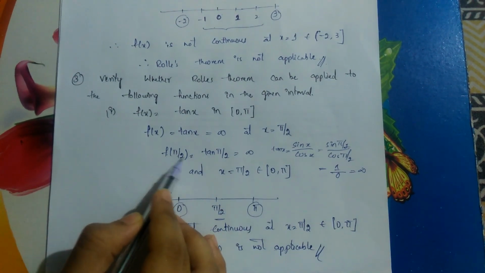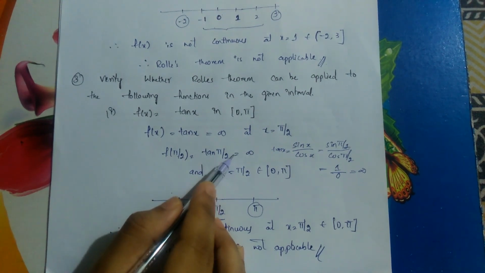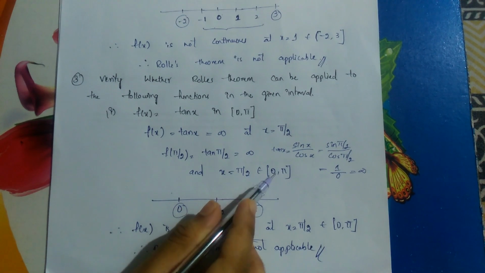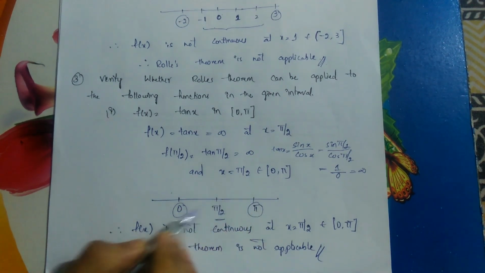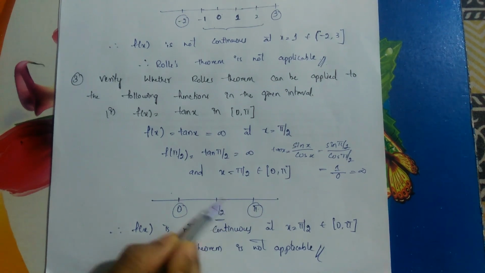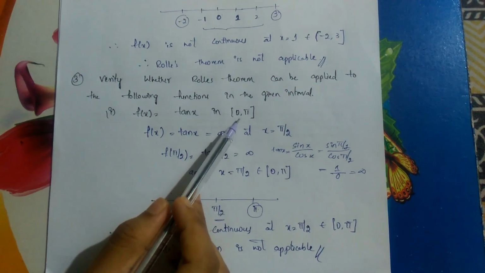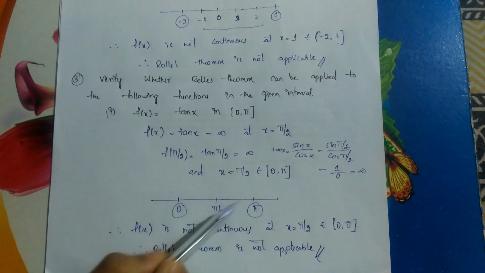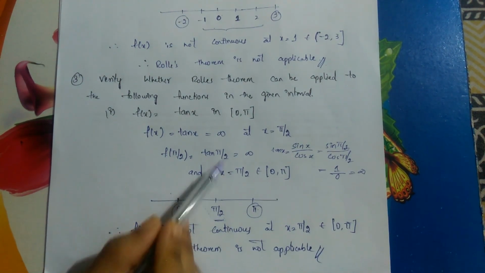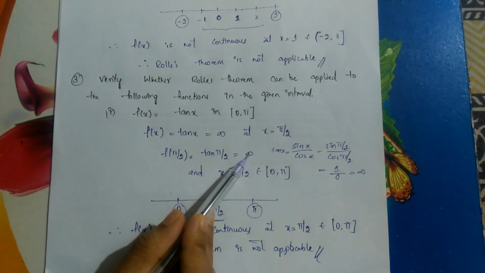So f(pi by 2) = tan(pi by 2), and that value is infinity, and x = pi by 2 belongs to 0 to pi. In between 0 to pi we have the value pi by 2, so when you take the interval 0 to pi, pi by 2 is also included. But at this pi by 2, tan attains an infinite value.